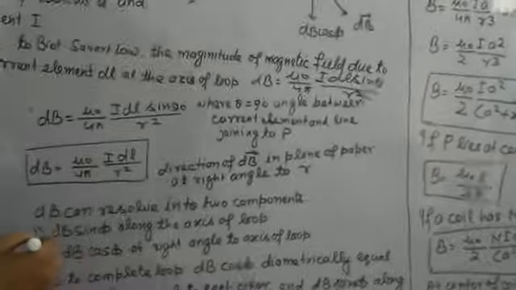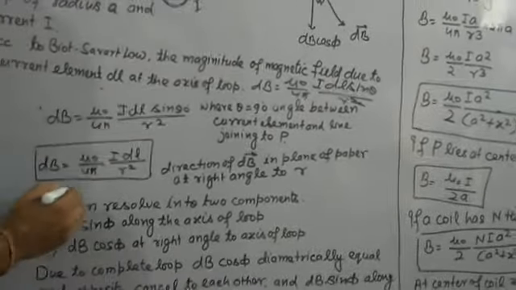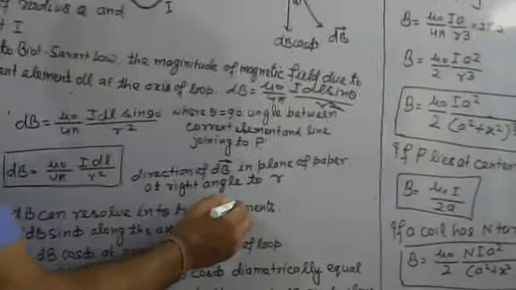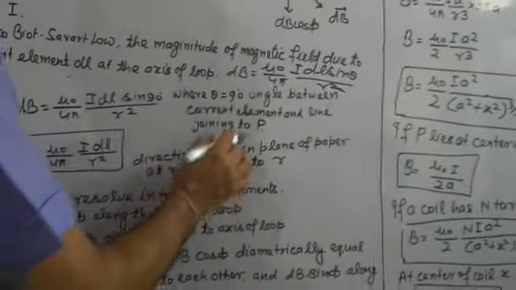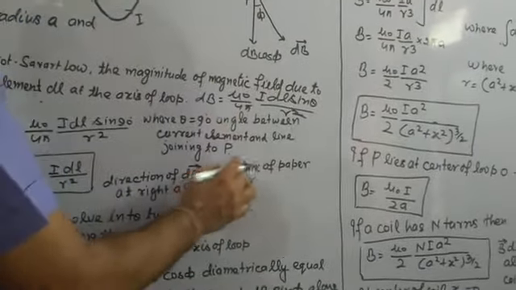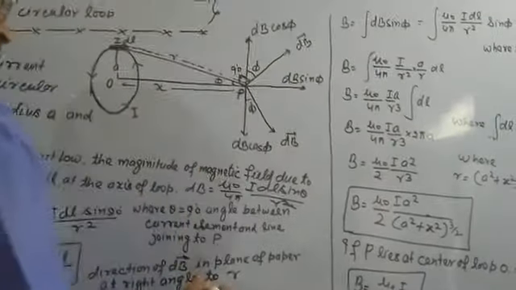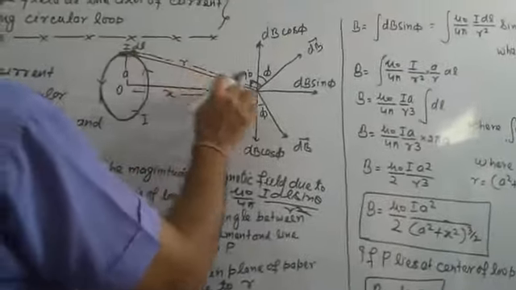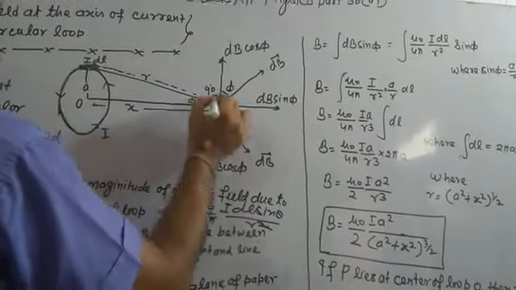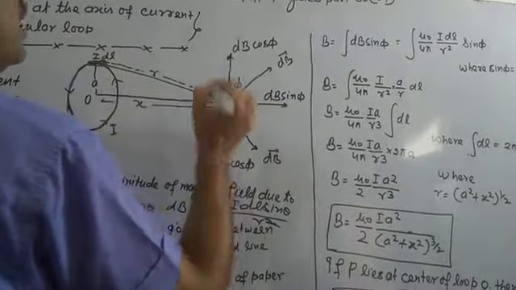Now dB can be resolved into two components, and the direction of the vector dB in the plane of paper is at right angle to r. Therefore, this is phi, this is 90, then this will also be phi.